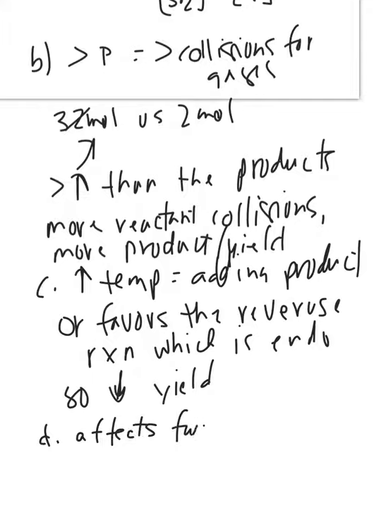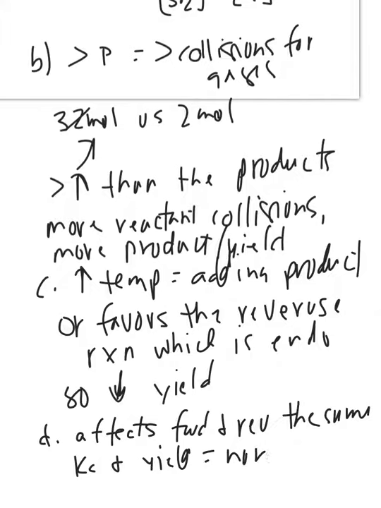So it affects forward and reverse the same. Increases both, makes it easier for both. And the effect on Kc and yield is none, because it does affect them the same. So there'd be no net effect overall.